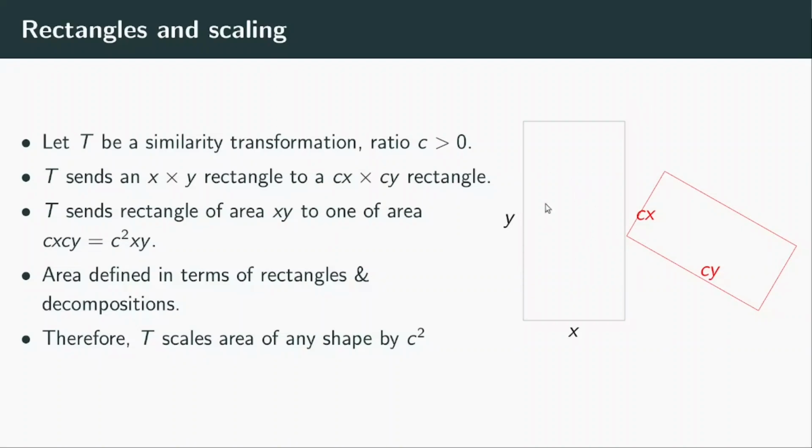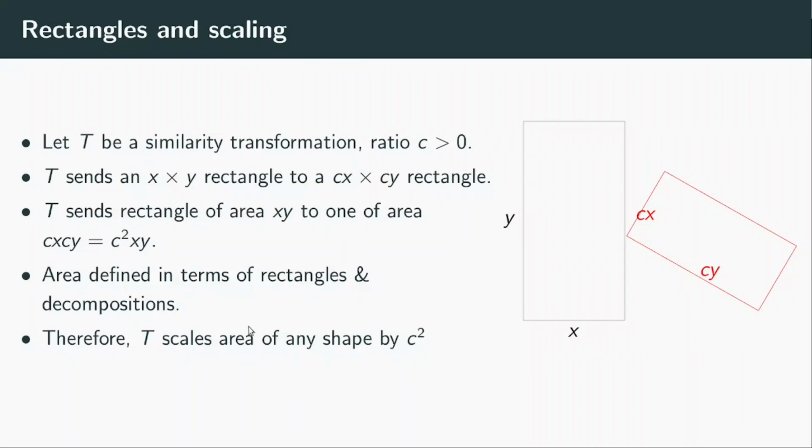And the area of my original rectangle is x times y, and the image is of area cx times cy, which is c squared times xy. So on rectangles, it scales the area by a factor of c squared, and since our area was defined in terms of rectangles and decompositions, that means that T scales area of any shape by a factor of c squared.